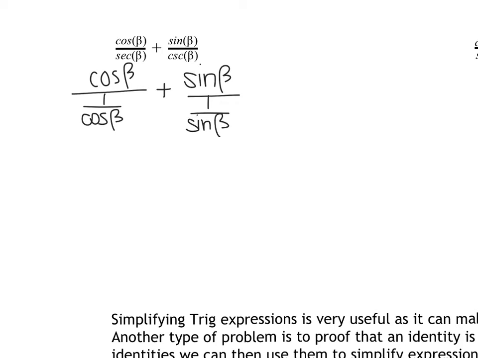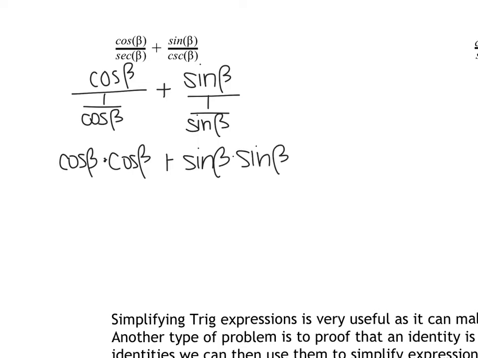Now we are dividing fractions, so we're going to read it as multiplication. So the cosine of beta is left alone, times the reciprocal of the denominator, which gives us cosine beta, plus sine of beta times the reciprocal of the denominator, which gives us sine of beta.